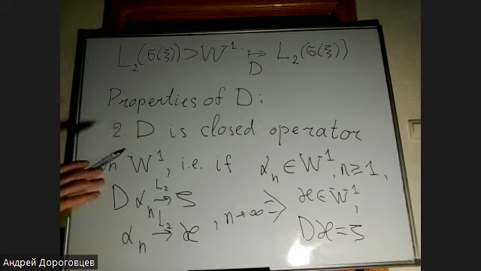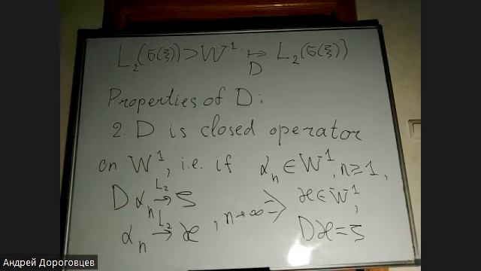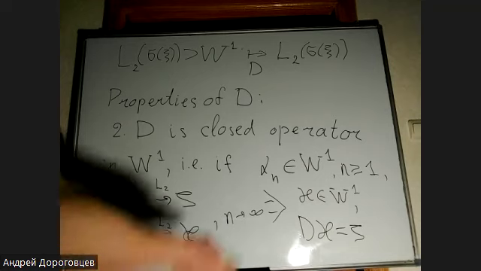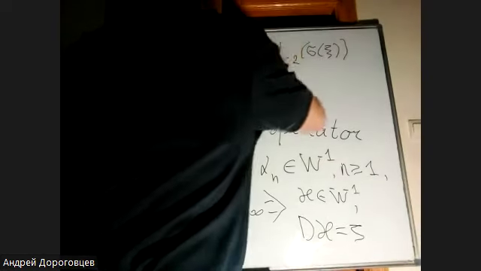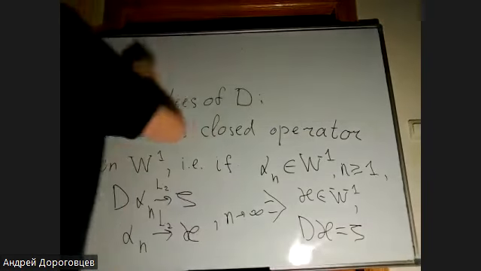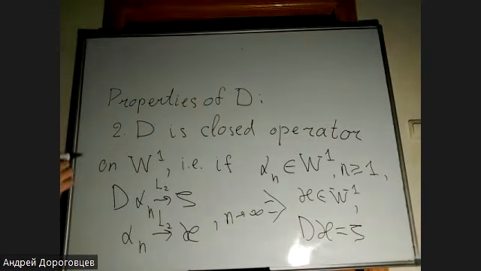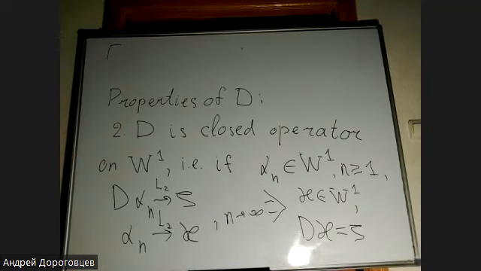I claim that in our case we do not have continuity, but we still have some good property of this stochastic derivative. It is a closed operator. Let's prove this. The proof is not very different from exactly the previous case.